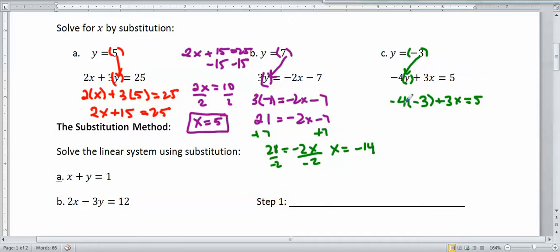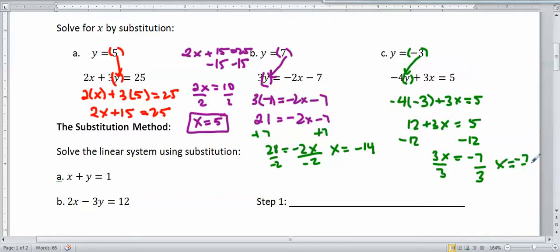Okay, so we got negative 4 times negative 3 is 12, plus 3x is equal to 5. I'm going to subtract 12 from both sides. Okay, so I get 3x is equal to negative 7, and divide by 3. So x is equal to negative 7 over 3.